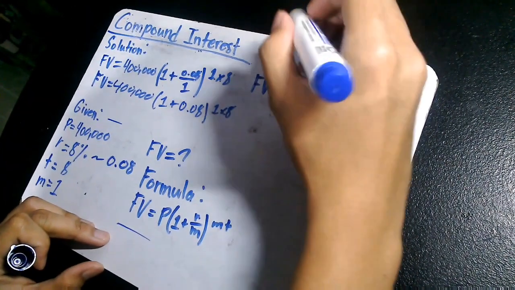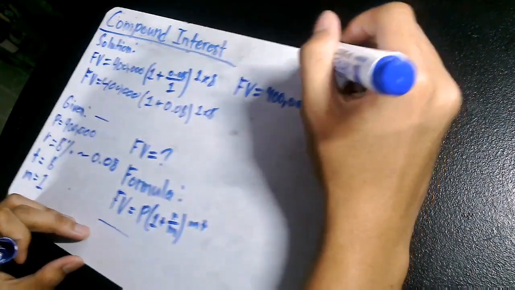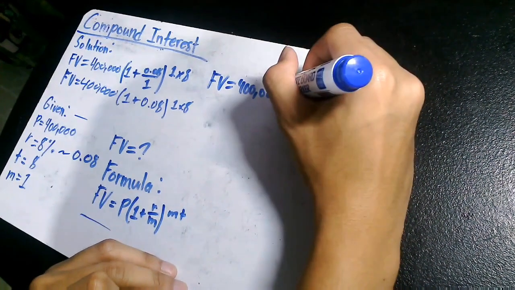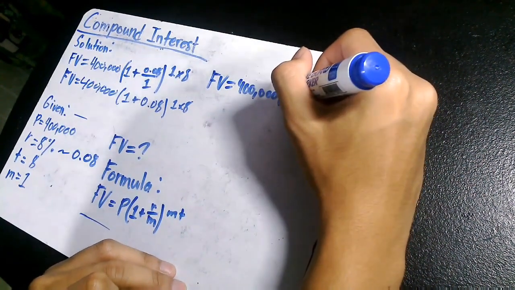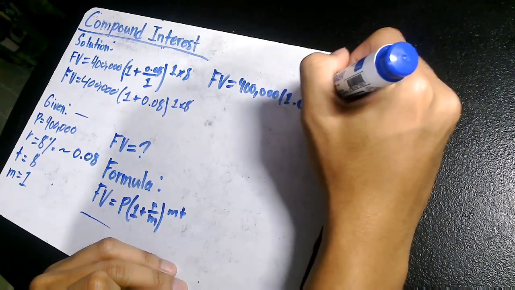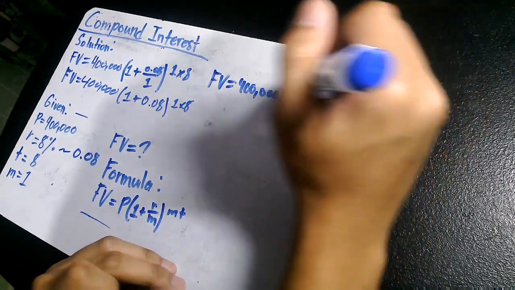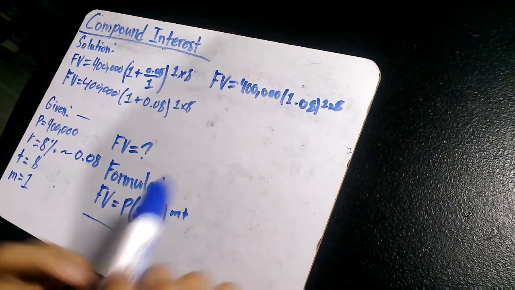FV equals 400,000 times 1.08 raised to the power of 1 times 8. Since we have already solved the equation inside the parentheses, let us now solve the exponent.